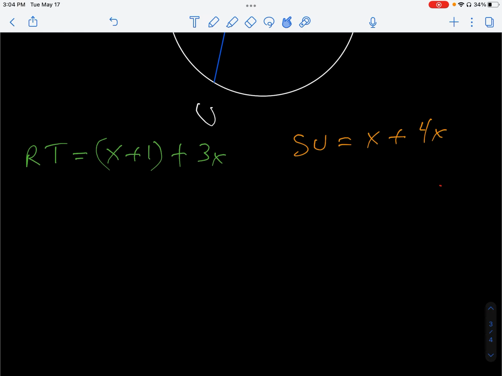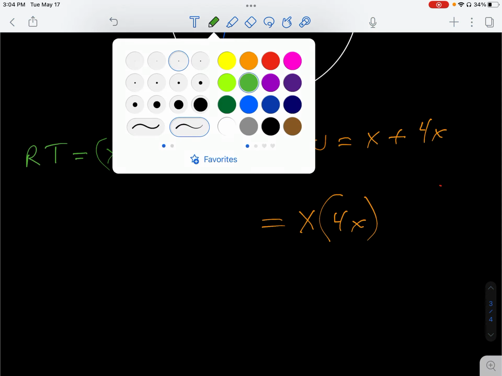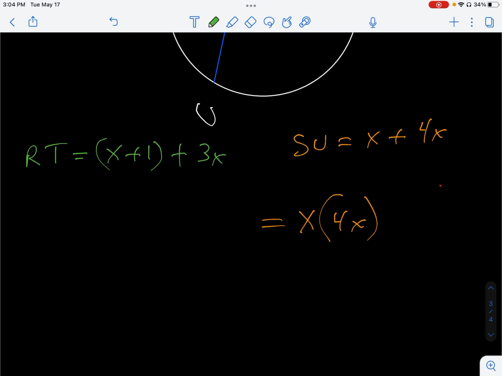But to solve for x, we're going to have to use our theorem and multiply our factors to figure it out. So x times 4x equals x plus 1 times 3x.